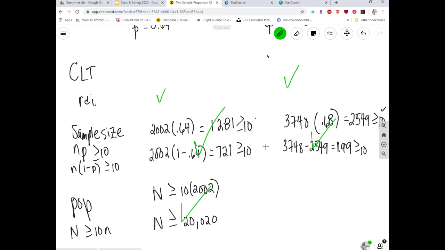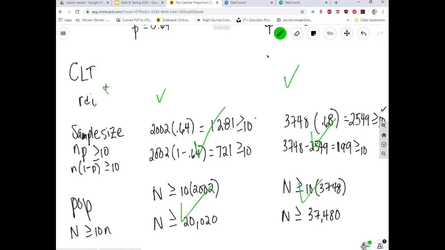Yep. And here, the same condition needs to be met. This has to be bigger than 10 times 3,748. So the population of Americans that are scientists needs to be bigger than 37,480, and that is true also. Okay, so the conditions of the central limit theorem are met in every sense of the word.